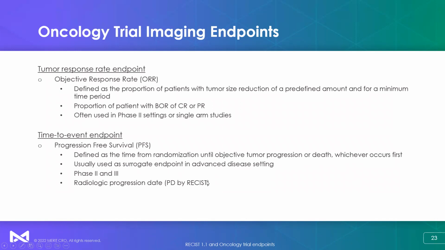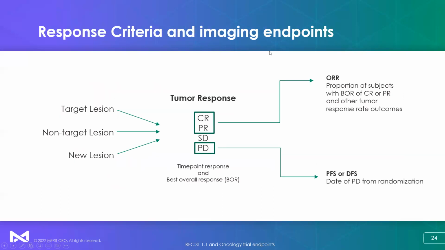And proper assessment of the progression date would be very important to derive an accurate PFS, or progression-free survival. So these two common endpoints are something directly affected by RECIST 1.1. Here's a quick summary of how the response criteria and imaging endpoints are related.